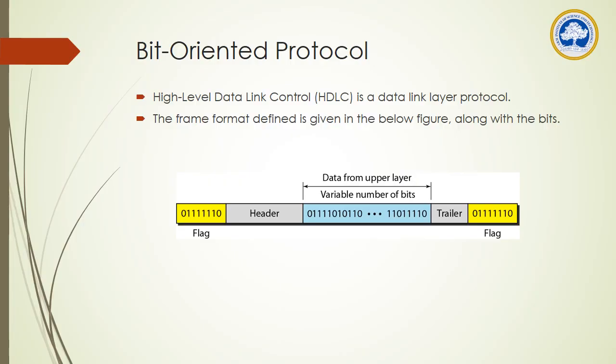Here the frame format is defined as given in the figure along with the bits. So, it has a flag, header part, and trailer part along with the data from upper layers, and it has a variable number of bits.